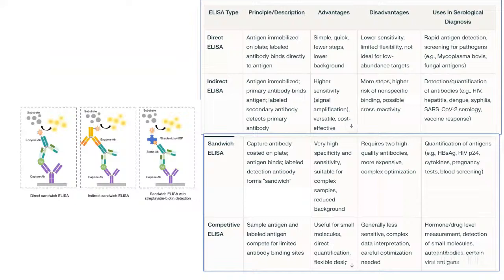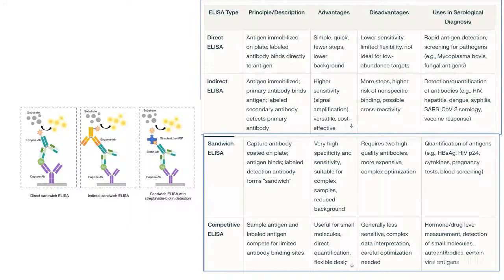Just to give you an overview of ELISA, we have ELISA starting from direct ELISA to competitive. The direct ELISA is a very simple form where you have a capture antibody, then your antigen, and then an enzyme-labeled conjugate antibody comes and gets attached. You put the substrate, and this enzyme-substrate complex breaks down and gives a color reaction.